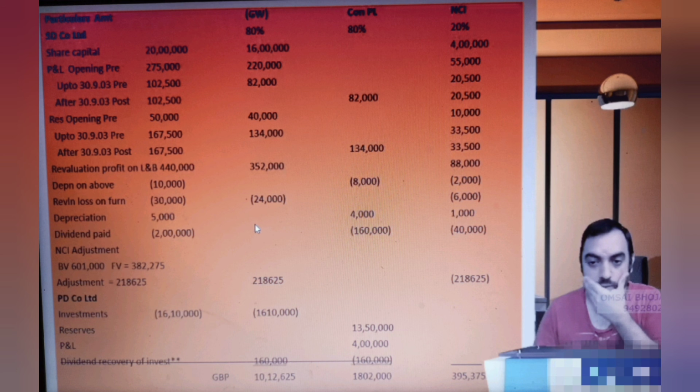If you treat it, you subtract in the consolidated P&L, and you add in the goodwill column. Consolidated P&L account debit to goodwill, journal entry. I'm writing and cancelling it so that you know it will not be done in examination conditions. But if you want to do it, this is the treatment. Only one line extra will come, that's all.